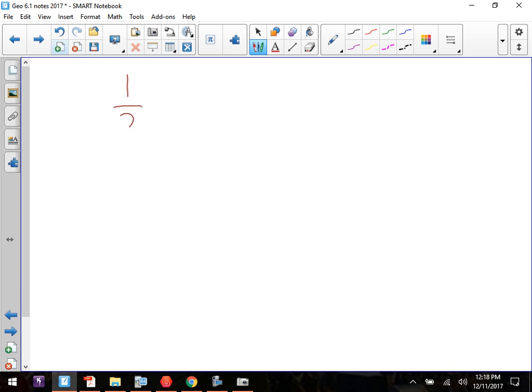Do you guys agree that this is true? Yeah. Does anything change if I do this? Is that true? Yeah, all I do is change the diagonal. Okay. I flip them.